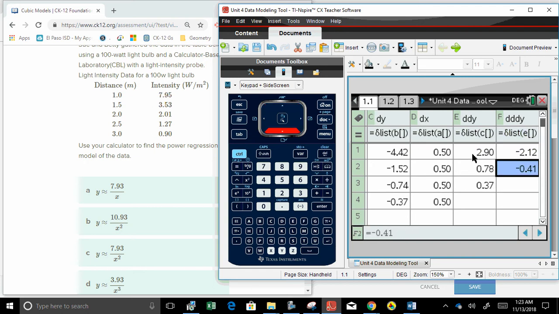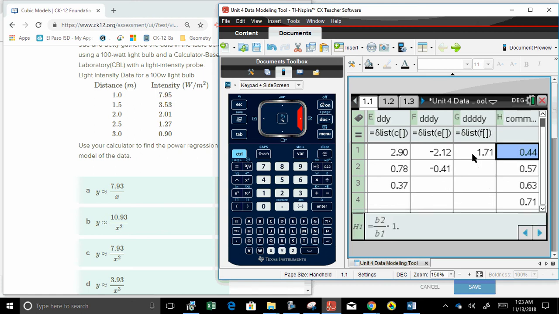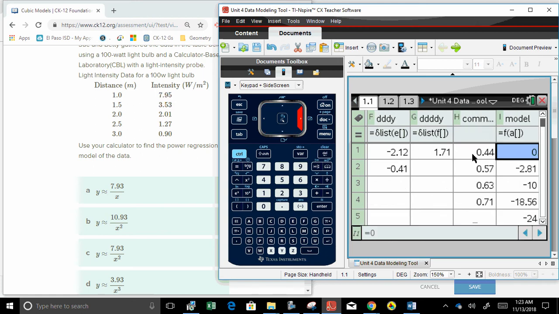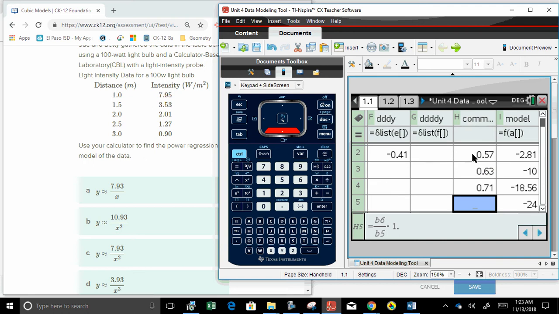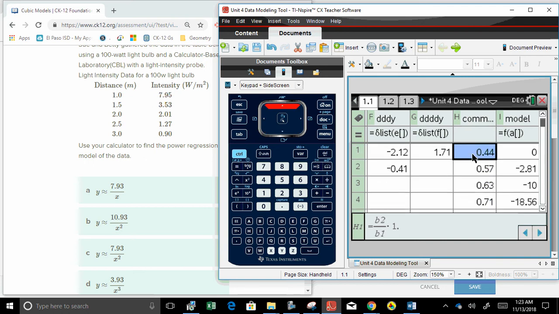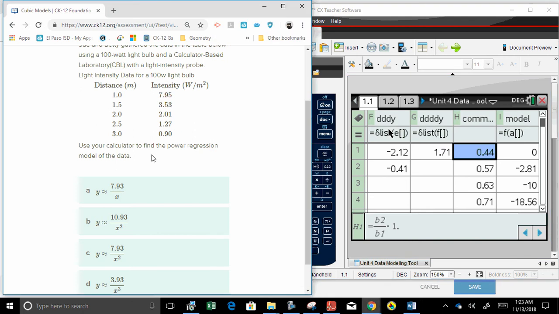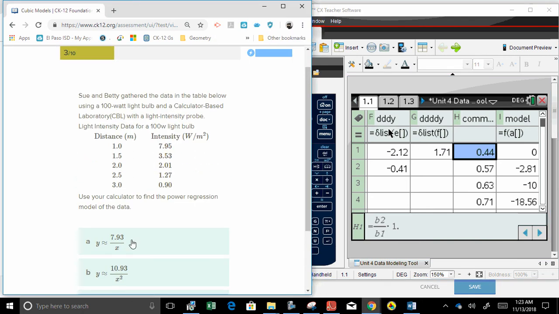And third, but this is just in the power regression model. So here are the choices.